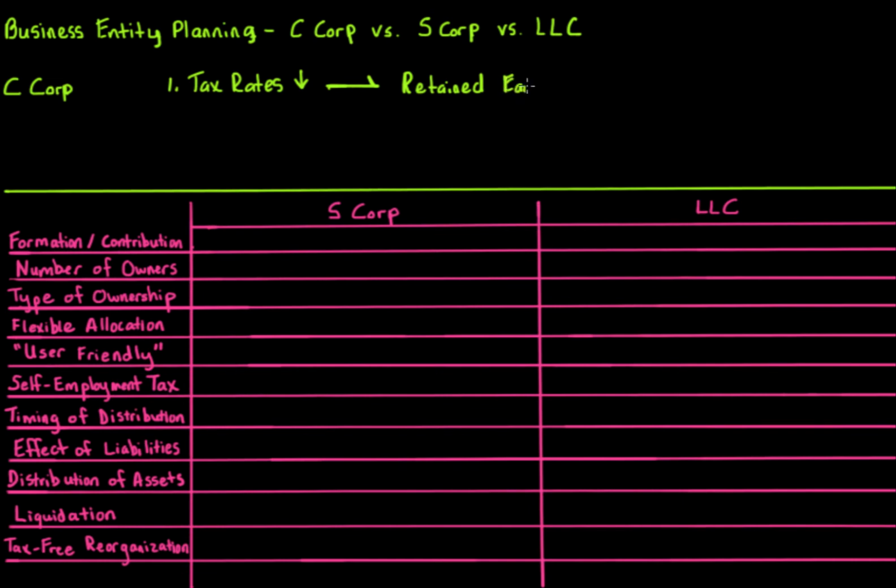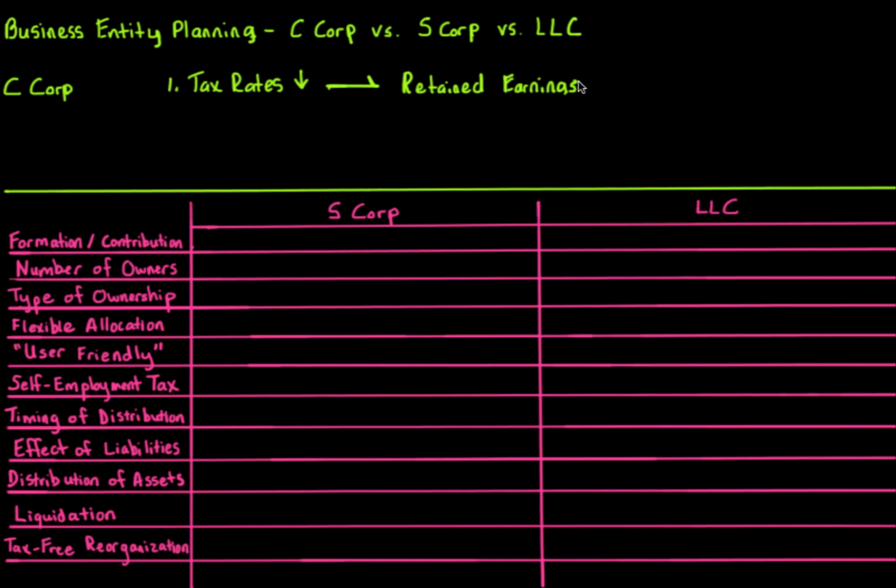Now, one drawback with respect to this item is that with respect to losses, as I'm sure you're aware, again, because the understanding is that you have a little bit of a grasp of the basic rules with respect to S corps, LLCs, and C corps, the losses are trapped in a C corporation.